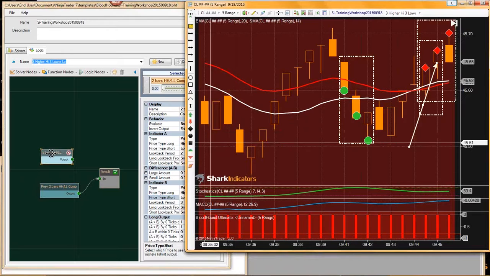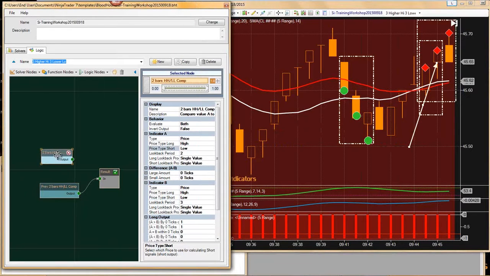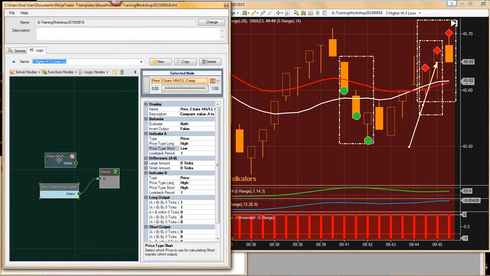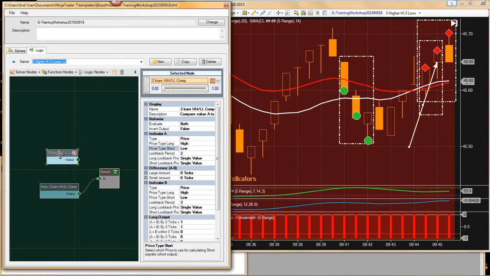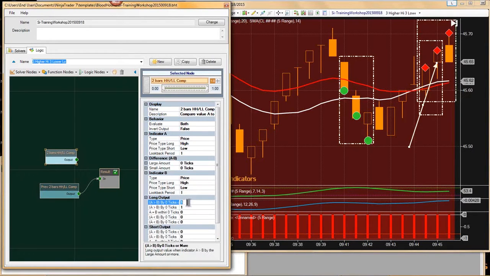oops, sorry, keep in mind which solvers you actually have selected when you're looking at stuff. Because I had this selected here, and I accidentally changed the settings on it as I was trying to explain things to you guys.